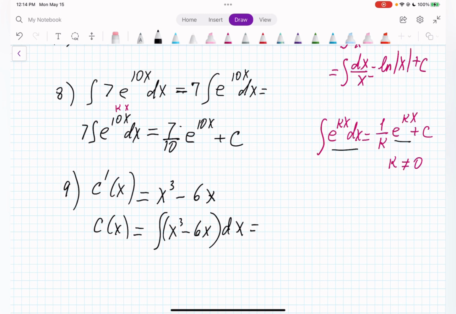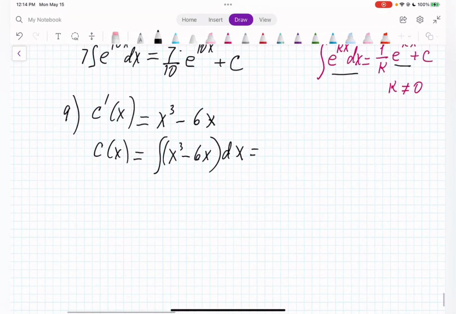So which is equal integral, okay, I'm going step by step, X cubed dx and then minus integral 6x dx, right? And plus C for once we take integral. So how much is the integral of X cubed?